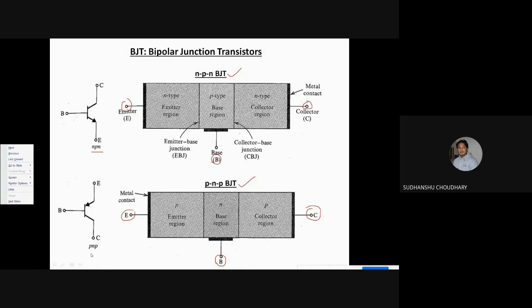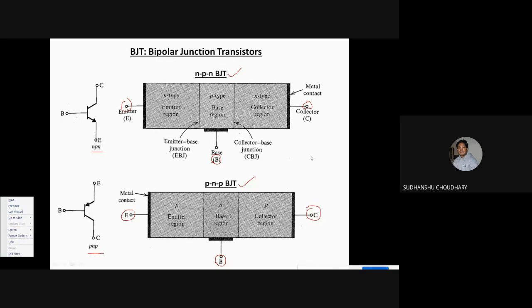Similarly, for a PNP transistor, the symbol is this. Here the arrow is pointing into the base. So it is away from the base in NPN, and into the base in PNP. This is the basic structure of NPN and PNP bipolar junction transistors.